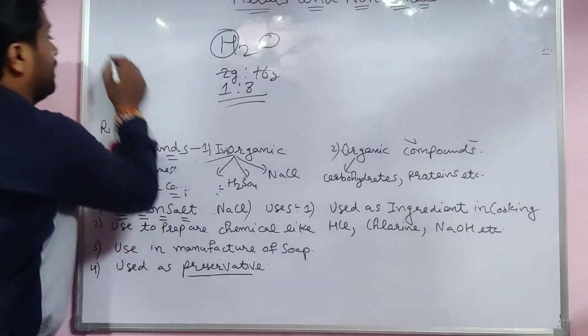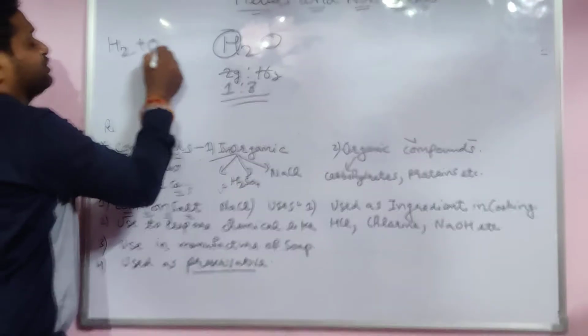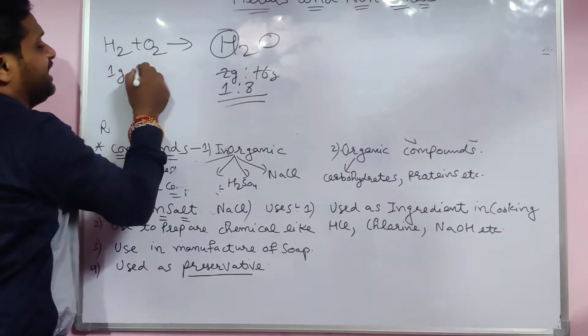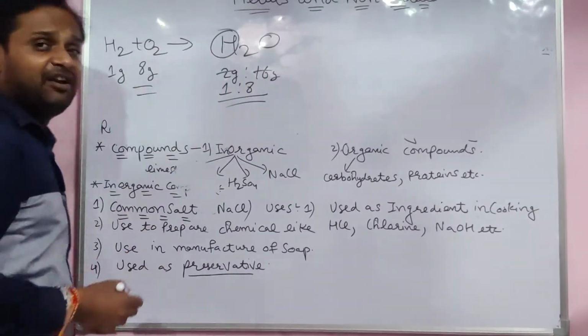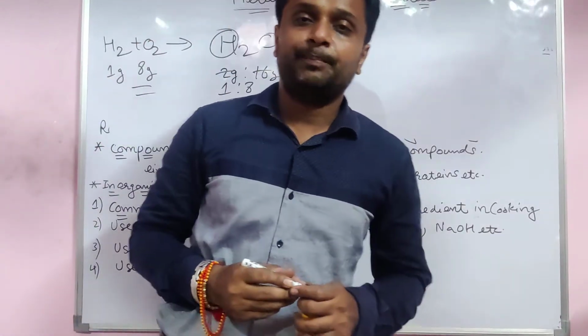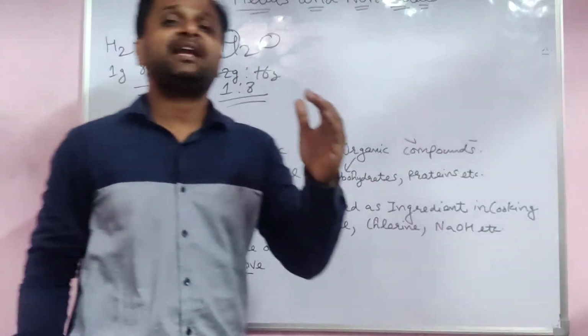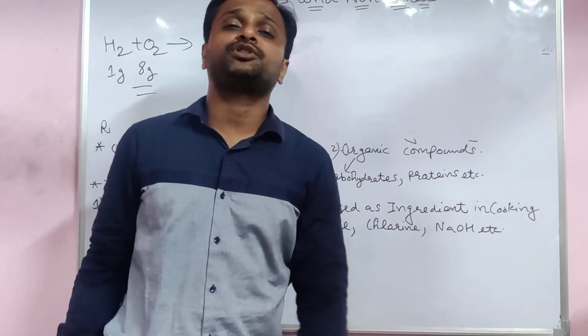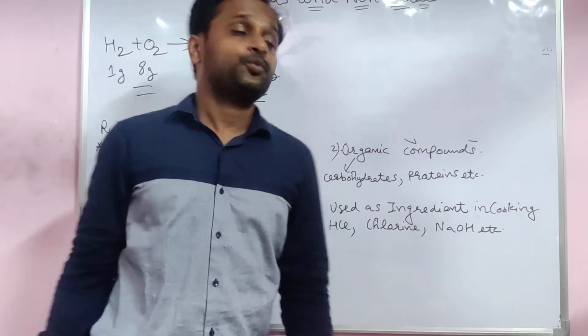When 1 gram of hydrogen combines with 8 gram of oxygen, water forms. A compound only forms when elements react in a fixed proportion by mass, a fixed ratio.